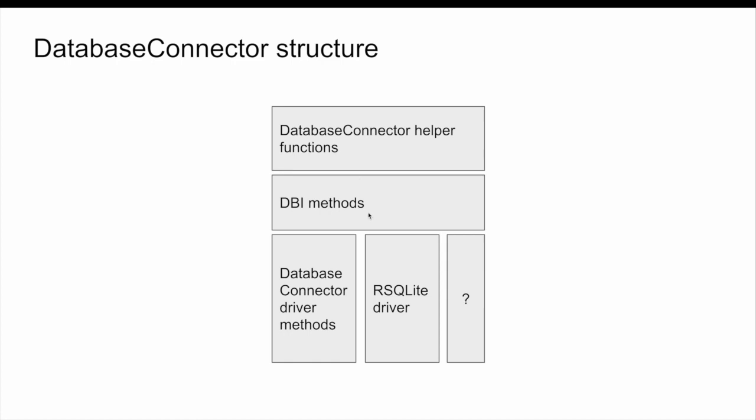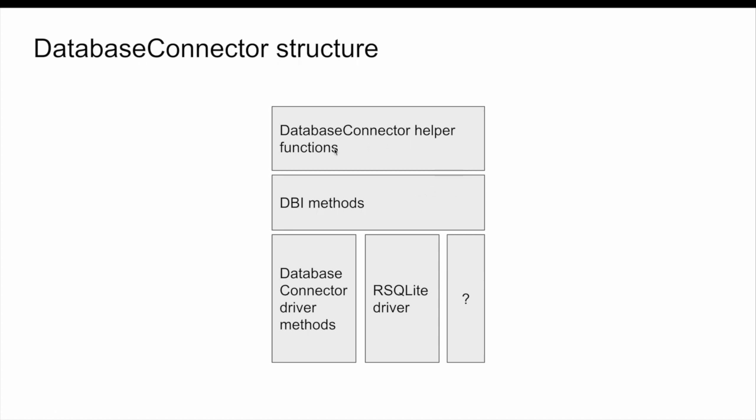The idea of the DBI interface is that it's a standard interface for talking to databases. And so we want to make sure that we're not just providing that interface, but actually using that interface. So the way I've structured this is separating out Database Connector into two different conceptual groups.